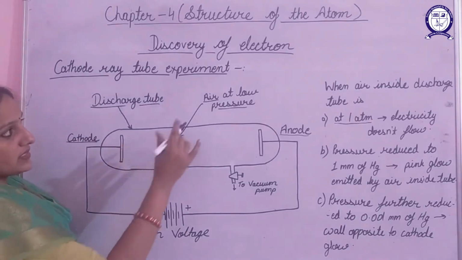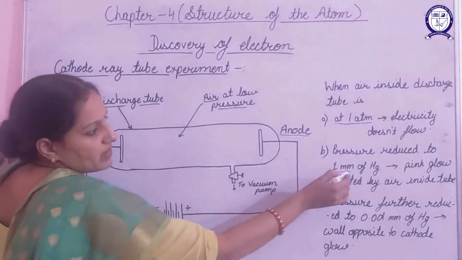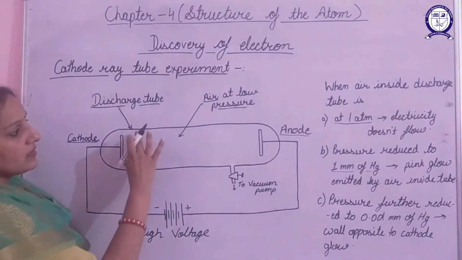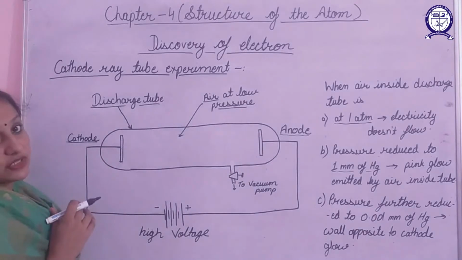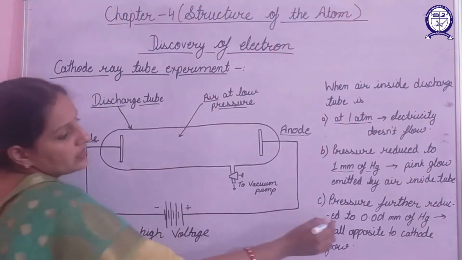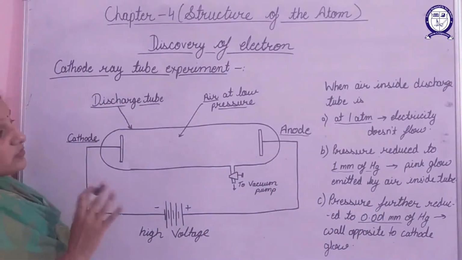So what was done? He further reduced the pressure to 1 mm of Hg. At that time, what was observed? Some pink glow was observed in the air inside this discharge tube. Then later on, he further reduced the pressure to 0.01 mm of Hg. At that time, what was observed?